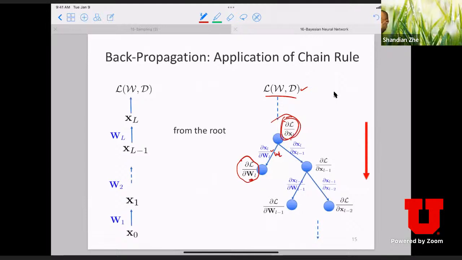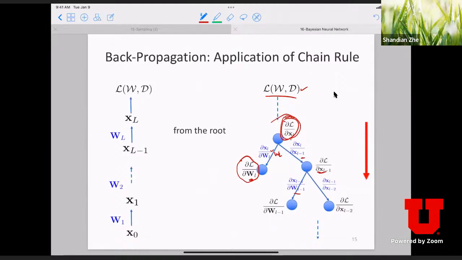Right? When you compute the partial derivative with respect to the weight in the lower levels, you first calculate the partial derivative with respect to the neurons in that level. And this is done by the chain rule as well, because once you get this, you then calculate the partial derivative of XL over XL minus 1, the neurons with respect to the previous layer.